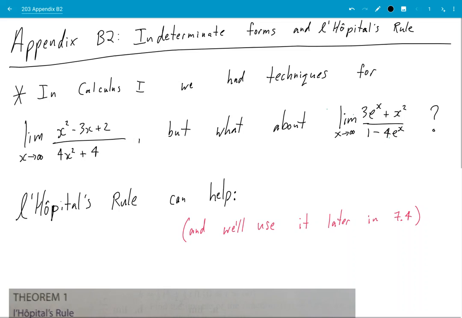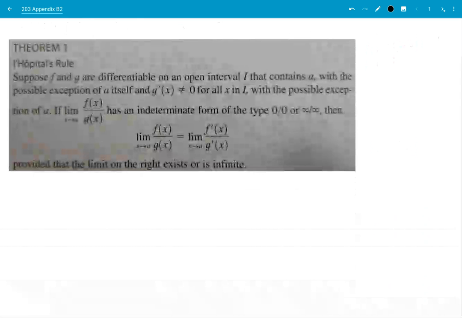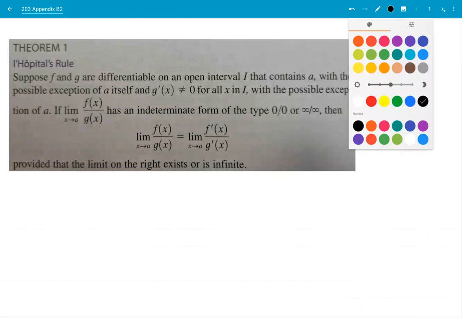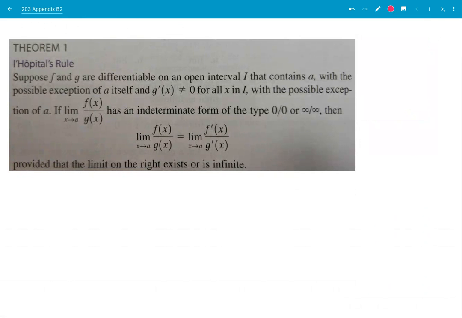Anywho, so pause and copy this theorem down, which is L'Hopital's rule. Pause and copy. Okay, so the main thing, there's a lot of words there, but the main thing is this equation.